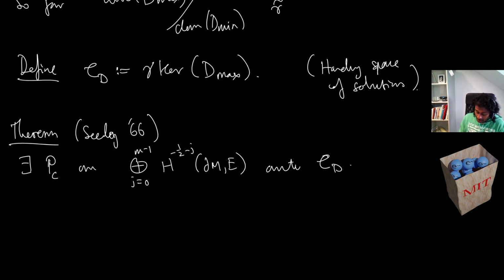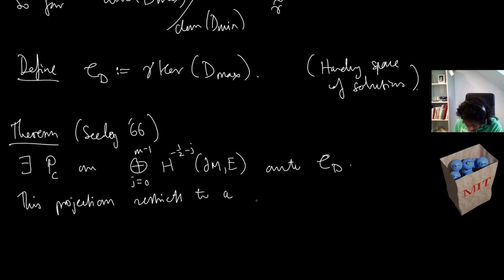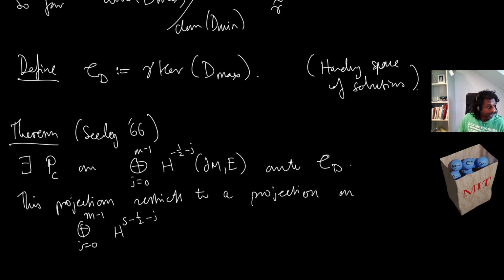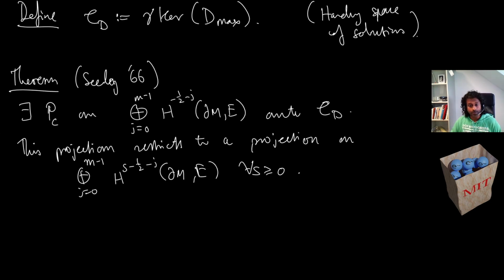So we now know that it is a closed subspace of this larger space. Okay, this projection restricts to a projection on the product over j equals 0 to m minus 1 of H^(s-1/2-j)(partial M, E), and this is for all s greater than or equal to 0. Okay, so it's a very nice projection.